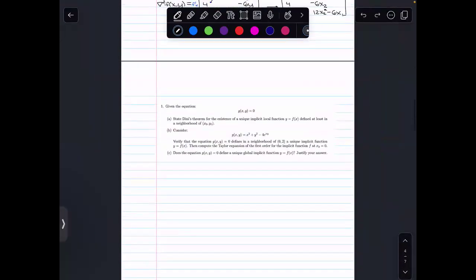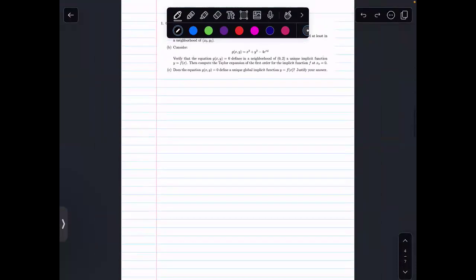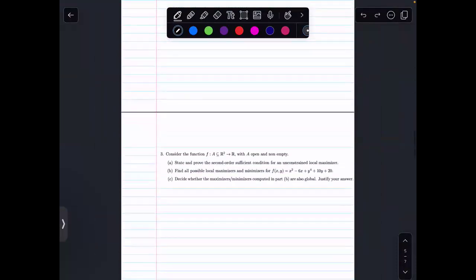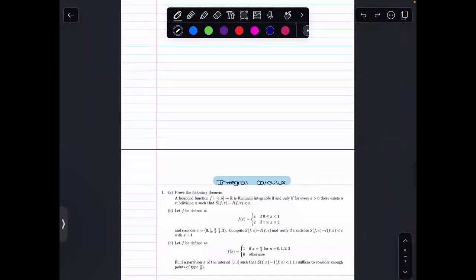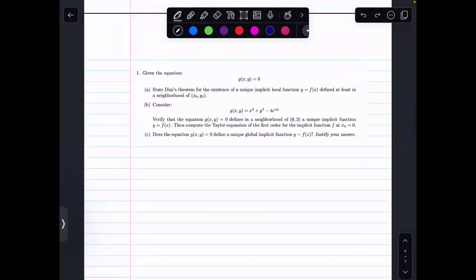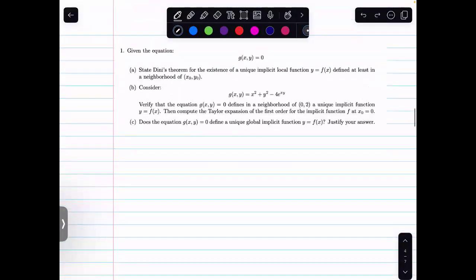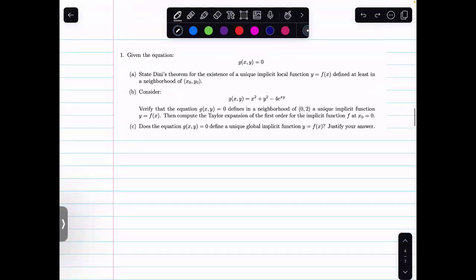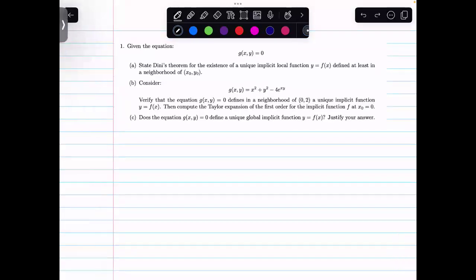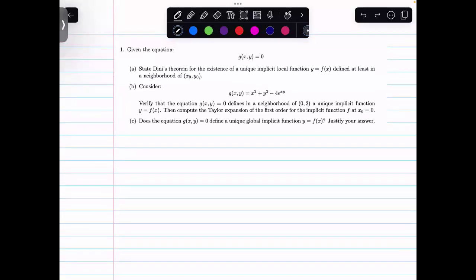Okay, so now I have an exercise on implicit functions. Let me just check. Yeah, we can do that one first. The first part we might as well quickly look at because even though it's just a theorem, the concept is going to come up in the parts after.